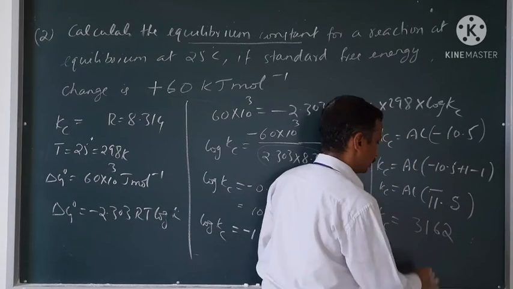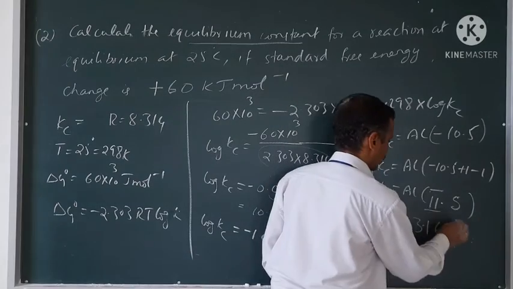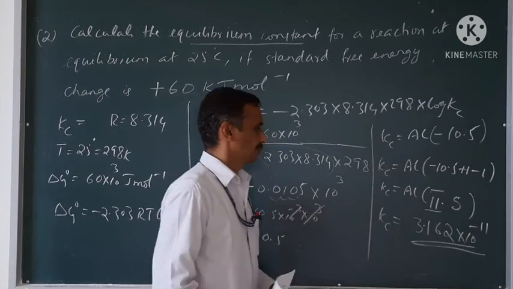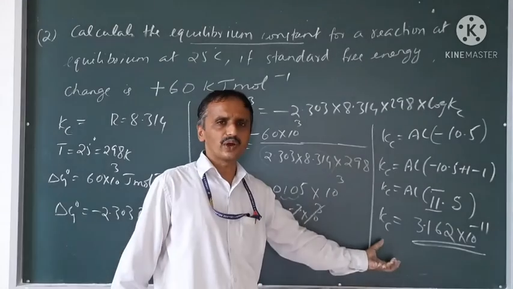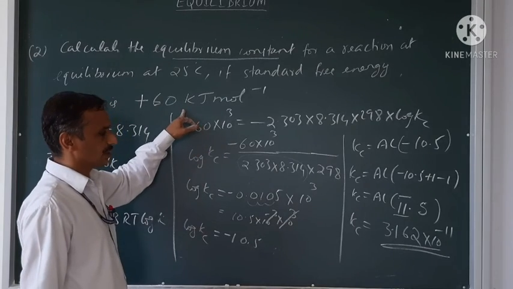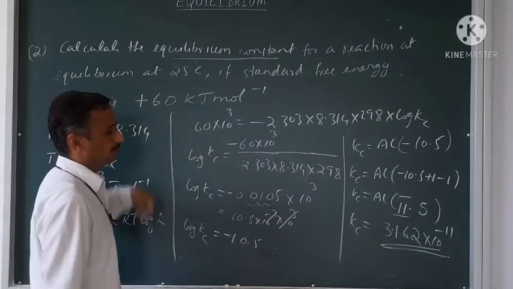Put the decimal immediately after the first digit and write this as powers of 10. This is the value for Kc. See, I did not get the previous answer. I got a different answer when this was positive.